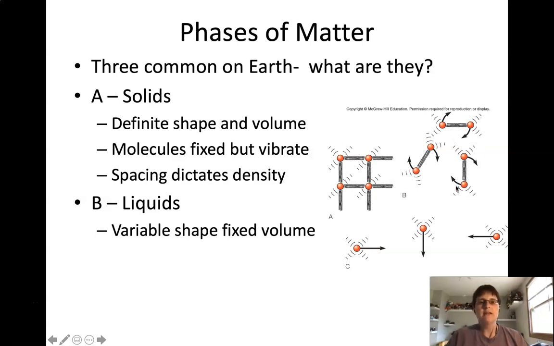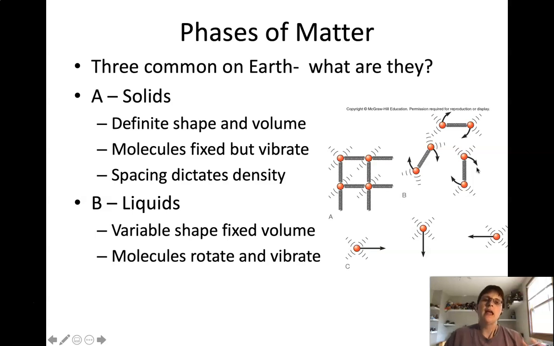And as you can see, they can spin and so forth, so they can rotate and vibrate. This is what allows things like water to take the shape of containers, because these molecules can slip and slide past each other and rearrange themselves inside of those containers.